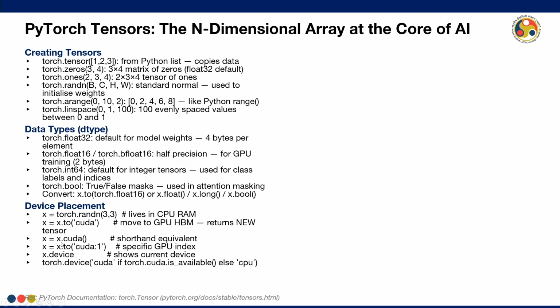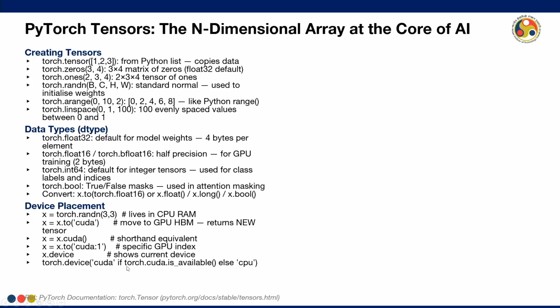Similarly, we can also say x.cuda, the shorthand equivalent, and we can use cuda colon the GPU number if we have multiple GPUs: GPU 0, GPU 1, GPU 2 and GPU 3. So you can use cuda colon 1, which will bring the data to GPU 1, the second GPU basically. x.device will show exactly where the data currently is. torch.device will check whether we have CUDA or use CPU.